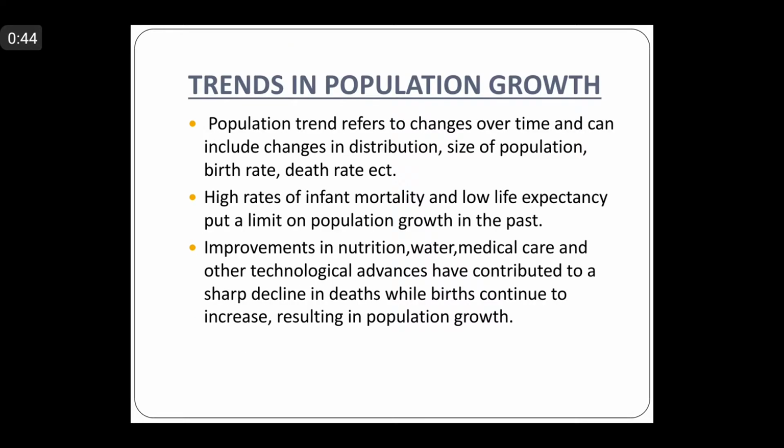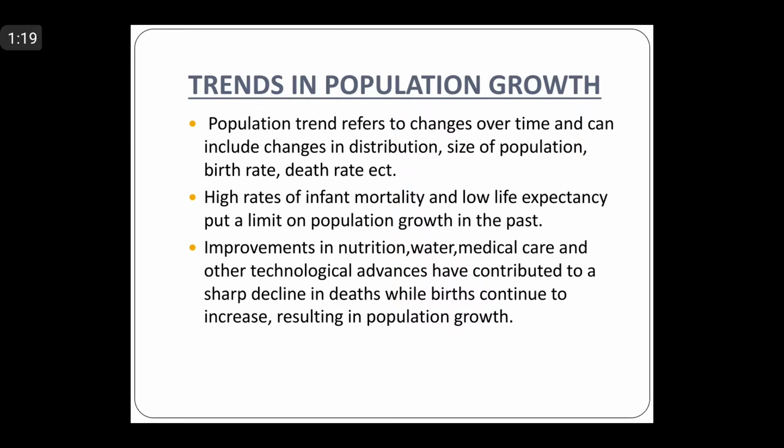Now, the first topic is trends in population growth. What does this trends in population growth mean? Population trend refers to changes over time and can include changes in distribution, size of population, birth rate, death rate, etc. You can better understand it like this: with the passage of time the population has grown to its size.